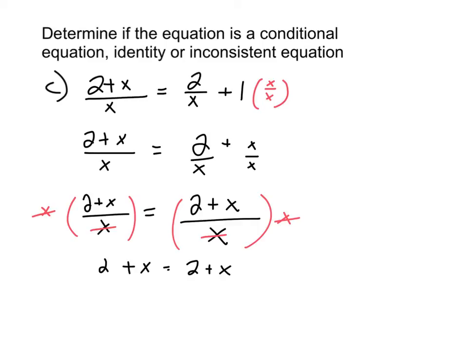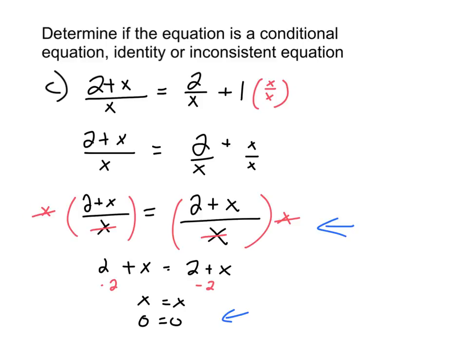Then I subtract 2 from both sides and I'm left with x equals x. The last thing I might do is subtract x from both sides, and I'll get 0 equals 0. I could have stopped once I saw that the right-hand side equaled the left-hand side exactly, or I would have continued and gotten 0 equals 0.